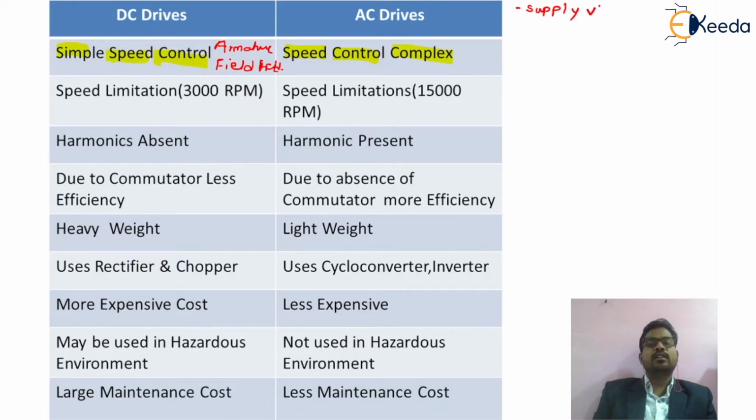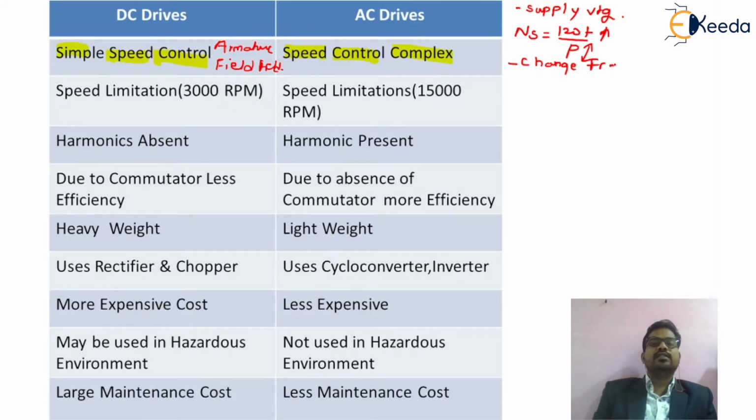The second speed control method depends upon the fundamental formula Ns equals 120f upon P. By changing the frequency, we can control the speed. By changing the poles, we can control the speed of your AC drive. So the circuitry for the second speed control method is a change in frequency.